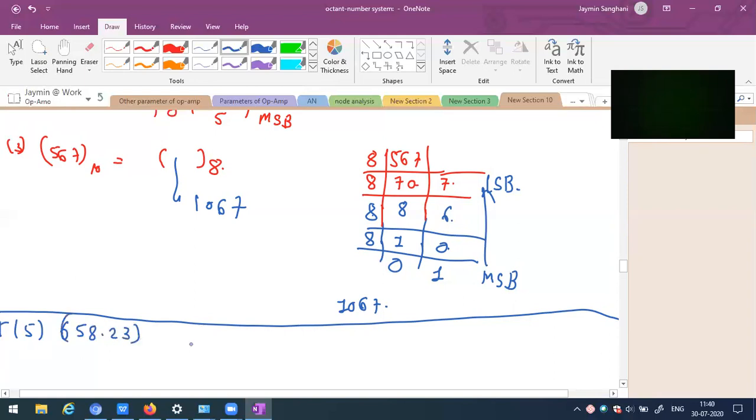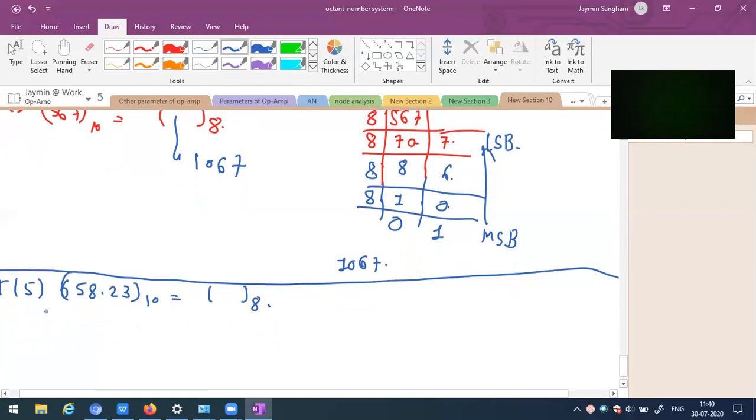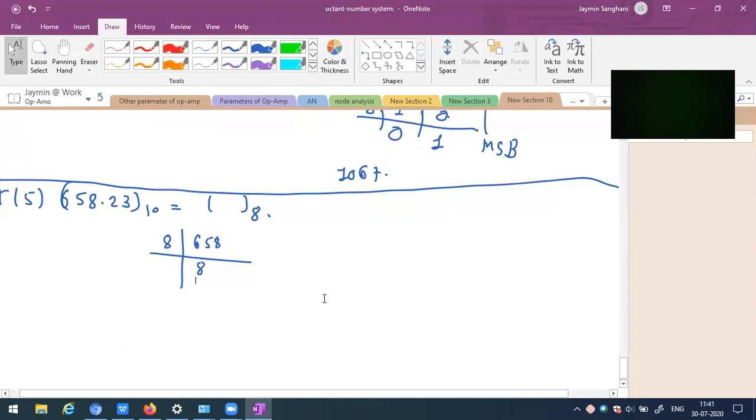658.23. This decimal number is required to be converted into octal. So here, 8 eights are 64. 8 twos are 16.